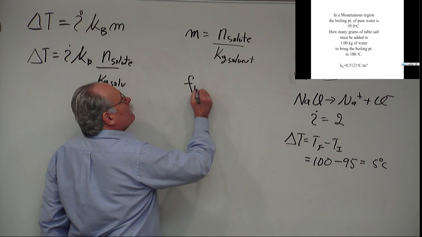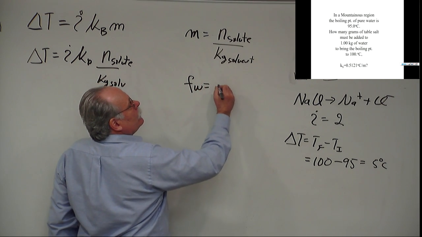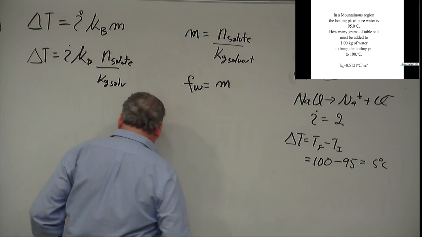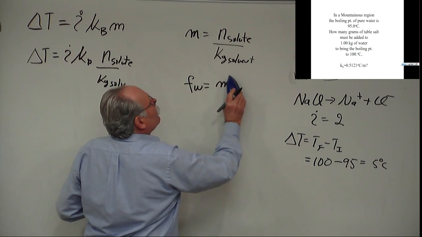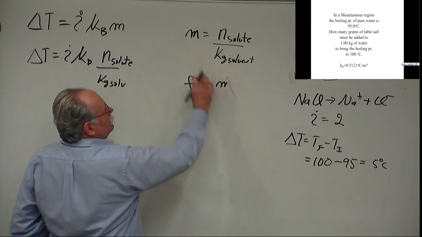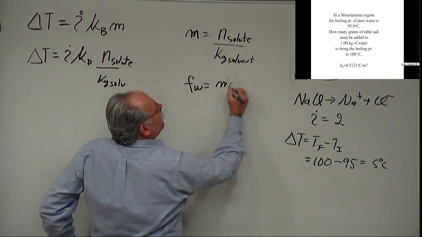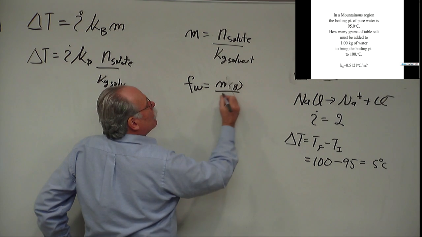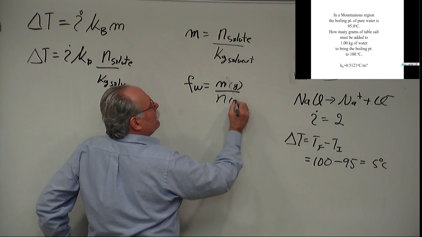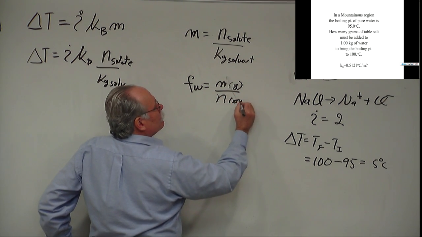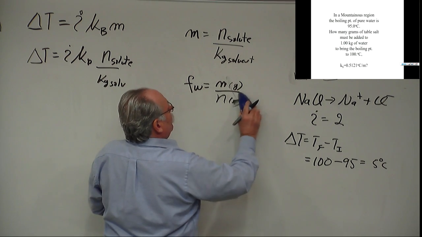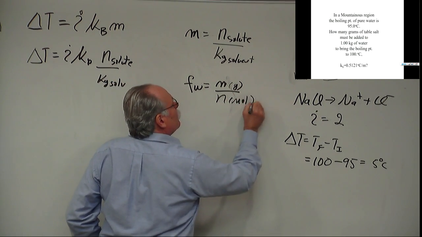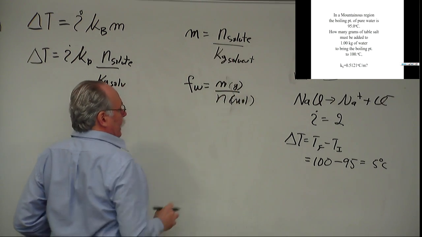But we can relate the moles of solute to the grams by the formula weight. We know that the formula weight is equal to the grams, which is the mass. I'm going to use an m with 2 loops because I'm using molality here. And I'm just going to write parentheses gram to remind myself that this is mass per mole. And we use n for mole, okay?